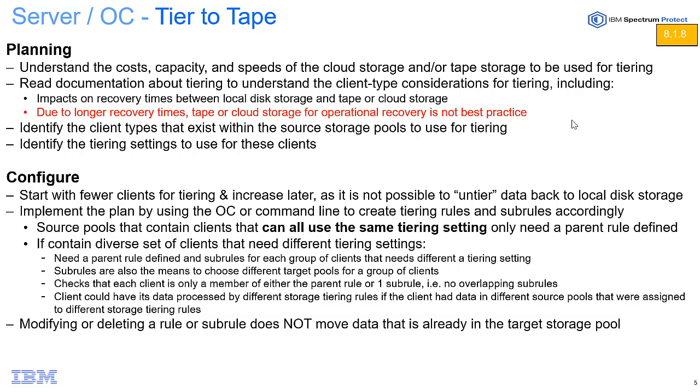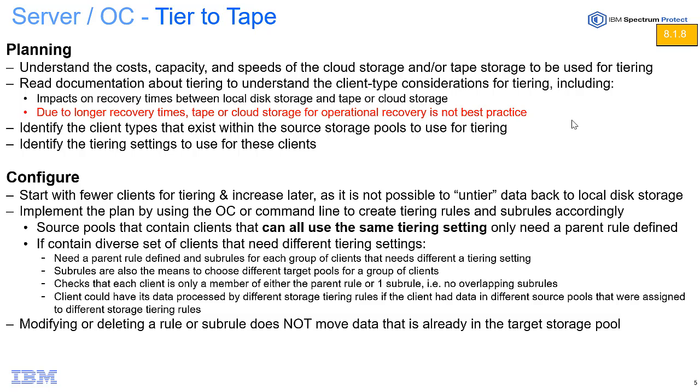And so we do have documentation out there, and it will cover things like the impact on recovery times between a local disk storage and tape or cloud, as well as really emphasizing the fact that due to the longer recovery times, tape or cloud storage might not be best practices for operational recovery. Maybe it's good enough for disaster recovery, but you definitely want to look at that.